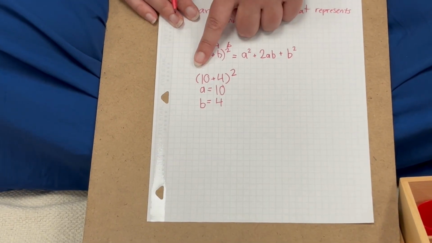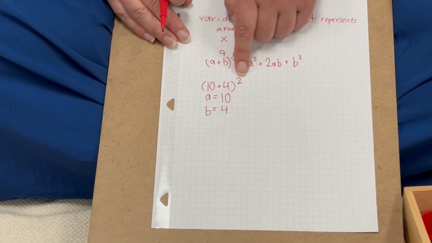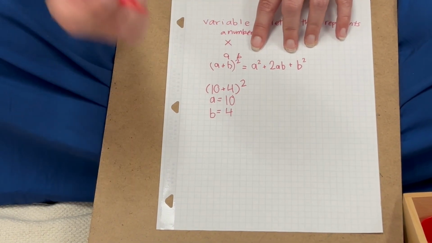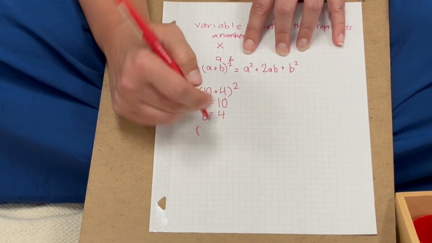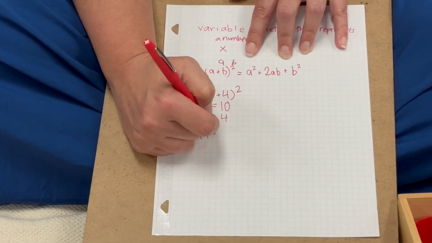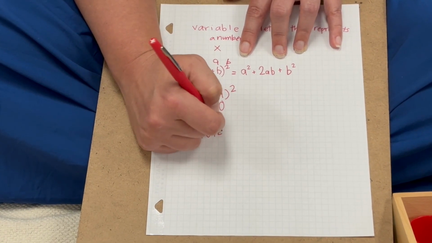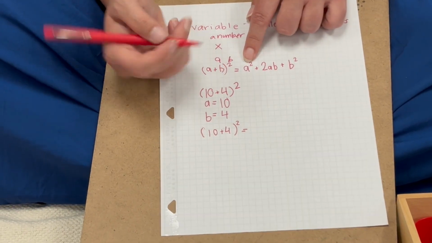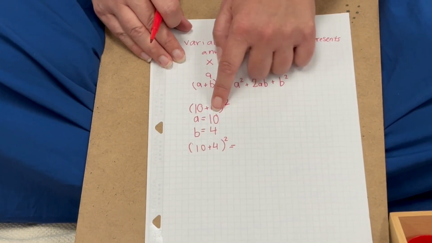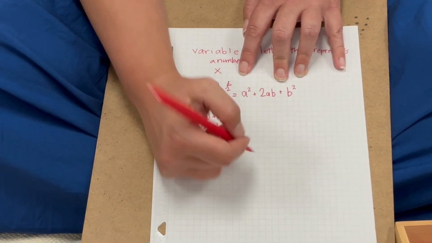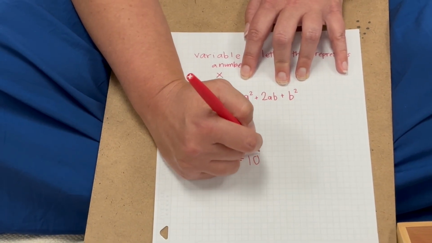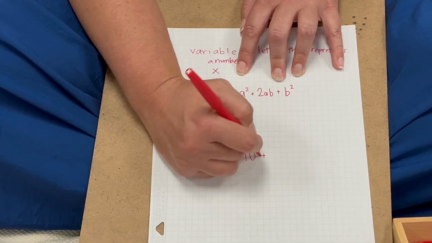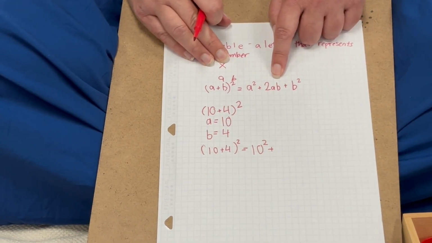So if I wanted to figure out what 10 plus 4 squared was, let's see, I'm going to rewrite it because maybe I should have put that somewhere else. 10 plus 4 squared equals, everywhere it says a, I'm going to write 10. So it equals 10 squared plus 2ab.